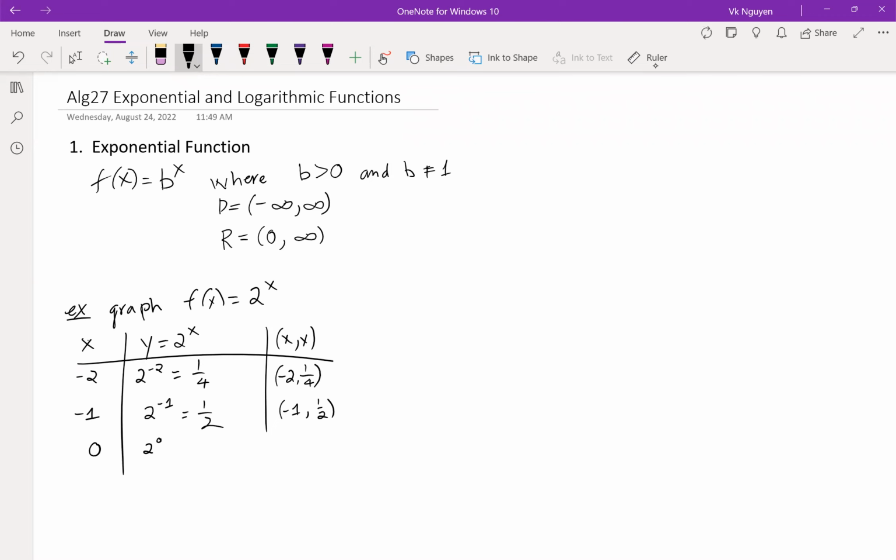For 0, 2 to the power 0 is 1, so (0, 1). For 1, 2 to the power 1 is 2, so (1, 2). For 2, 2 squared is 4, so (2, 4).